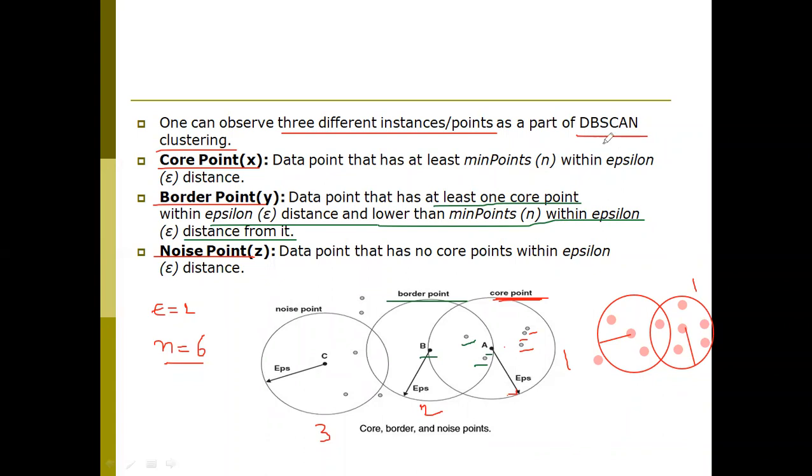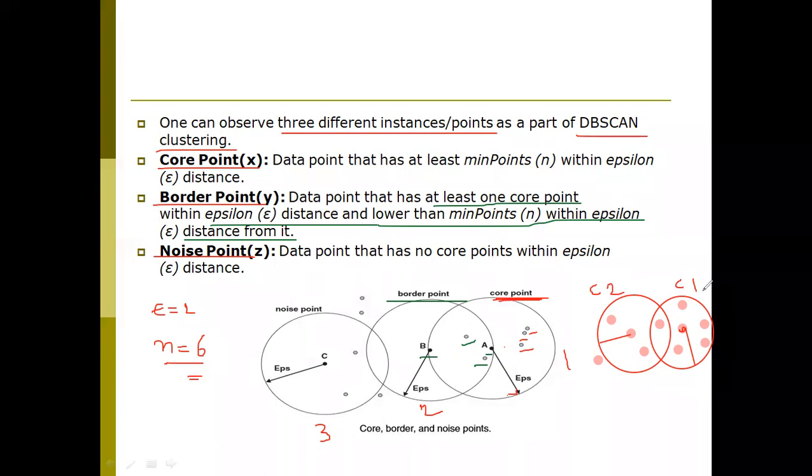If you observe this diagram, we have cluster 1 and cluster 2. Two clusters are there, and cluster 1 has 6 data points. This is the center point. Including this center point, we have 1, 2, 3, 4, 5, 6 data points in C1, right?